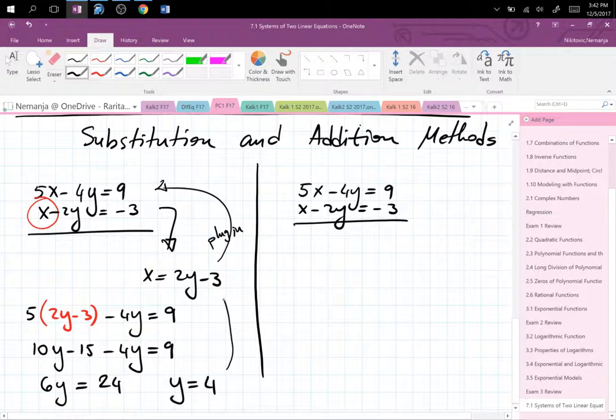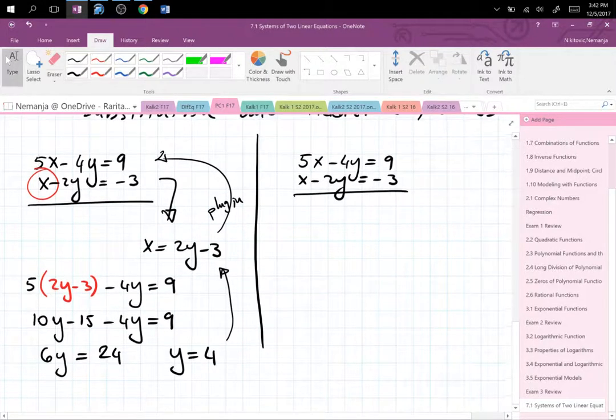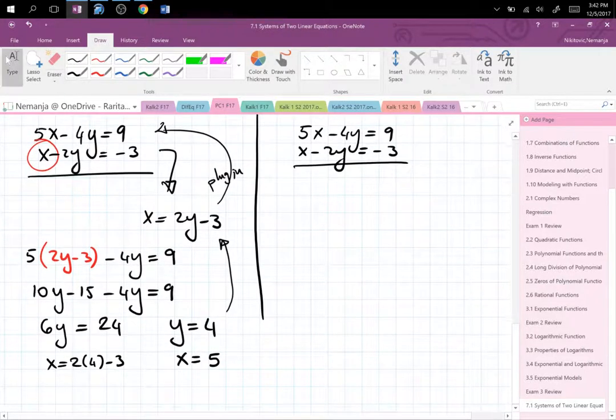You plug that now into the x equation, and you have your x. So x is equal to 2 times 4 minus 3. That's 5. Ordered pair, so (5, 4) is the solution of the system.